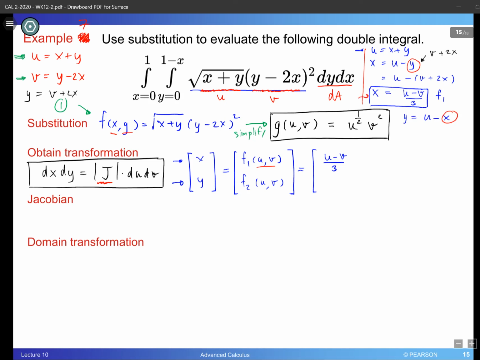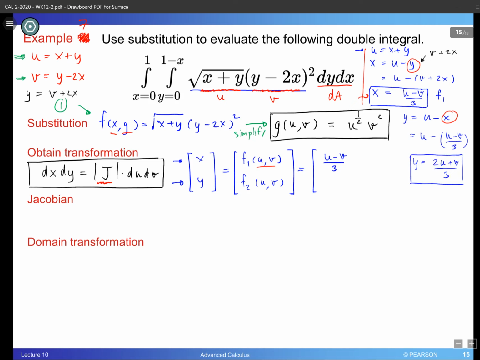So let's use that. So here, y is going to be equal to u minus (u minus v over 3), coming from this equation above. So in the end, this y is going to be equal to 2u plus v over 3. So there you go, y in terms of the new variables.